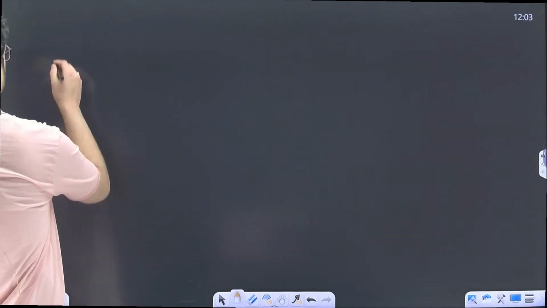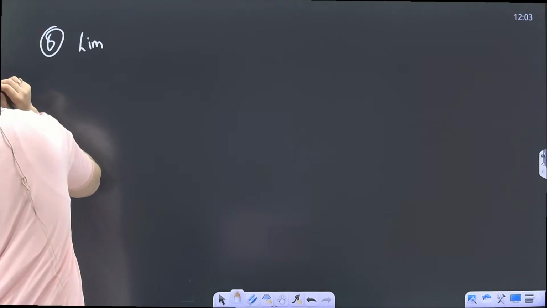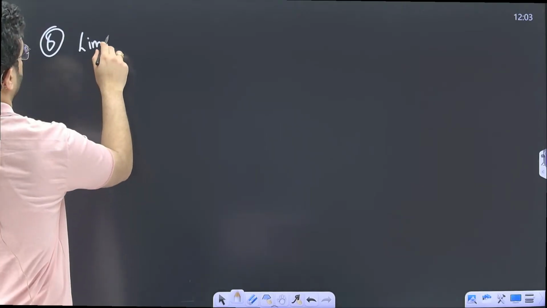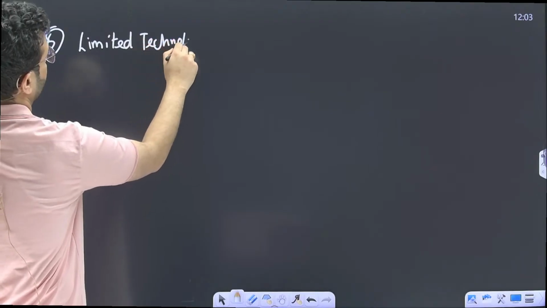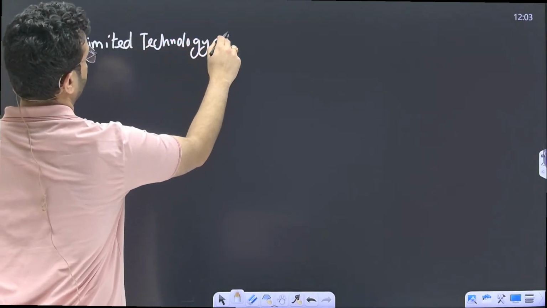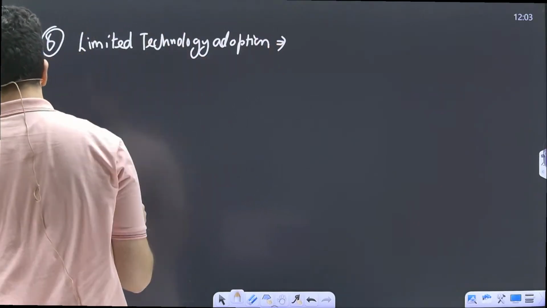Then we have limited technology adoption.